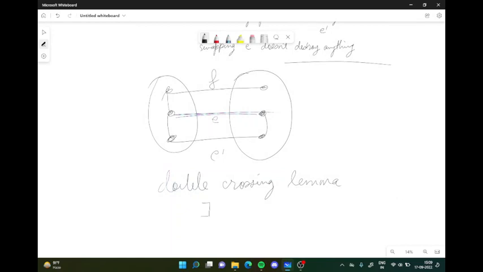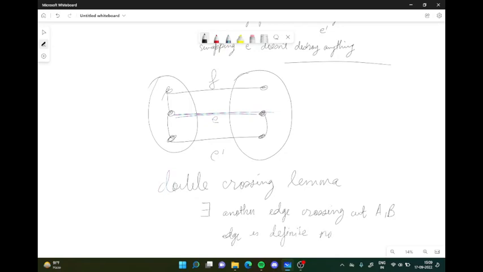there exists another edge crossing cut AB, and that edge is definitely expensive.